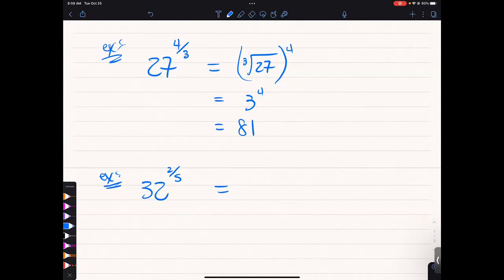What does that 2/5 power mean? Like the 5 would be the number in front of the radical, or the root? Yeah, so it's a 5th root, right?